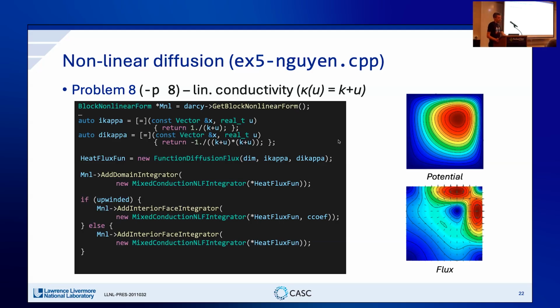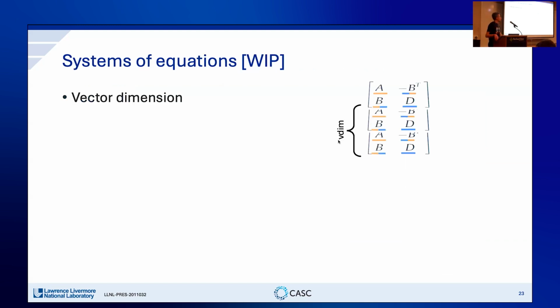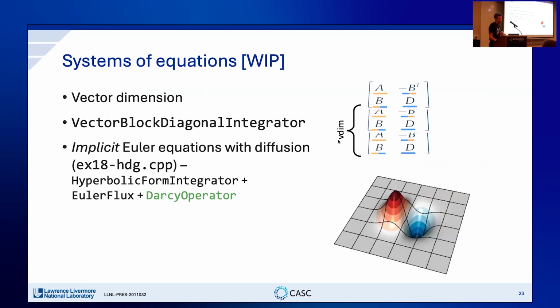And very newly, we have also support for systems of equations. So we are increasing the vector dimension, basically stacking the whole form of all these four matrices on top of each other. With that, it might help us as proxy class vector block diagonal integrator.